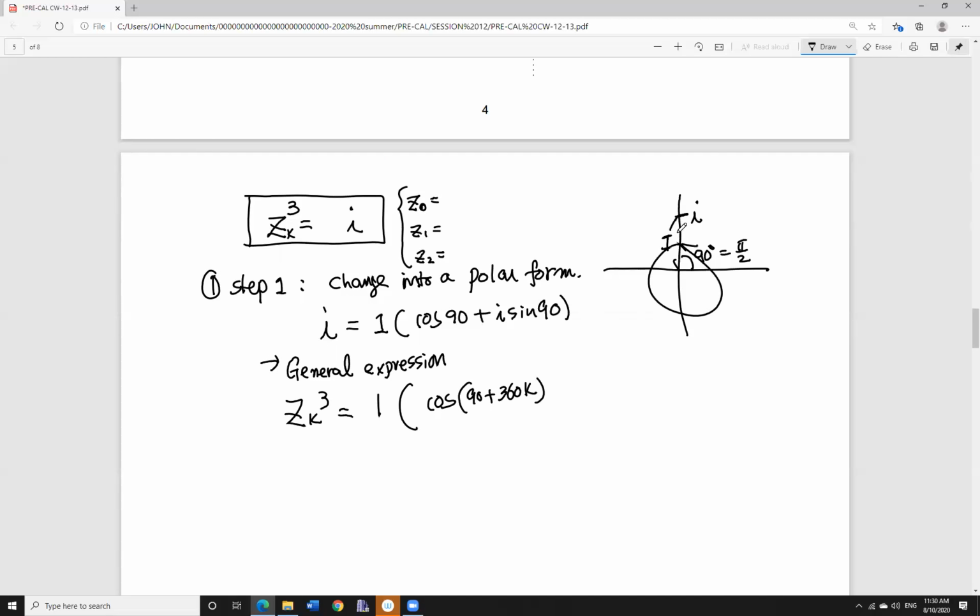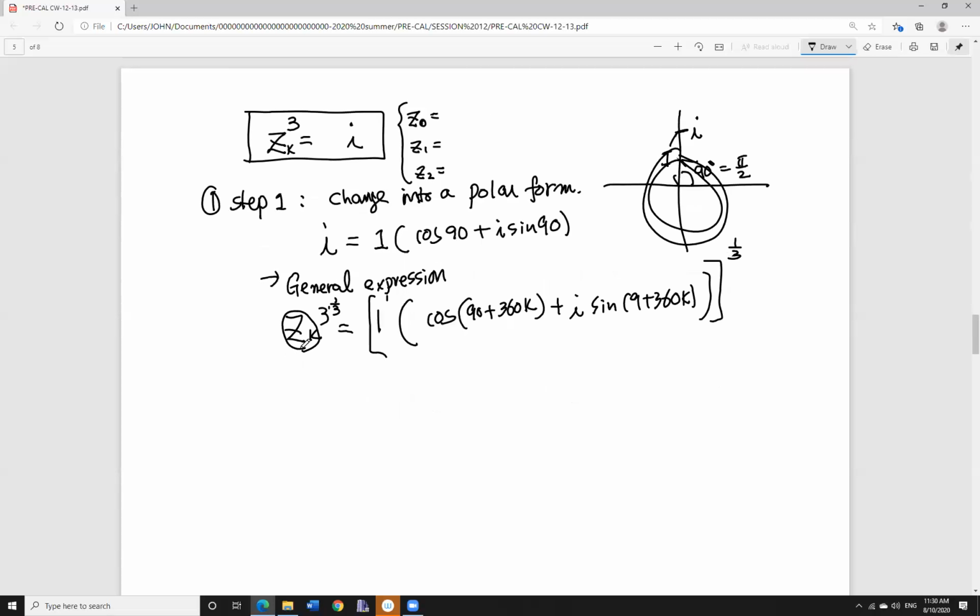One more, 2 more, until we get the answers, okay? That is the general angle. Plus i sine of 90 plus 360k. That is another general form, the same angle. But we're gonna find what? The root of here. Times 1/3, isn't it? Times 1/3, all together is 1/3. Okay, that's to find the root.